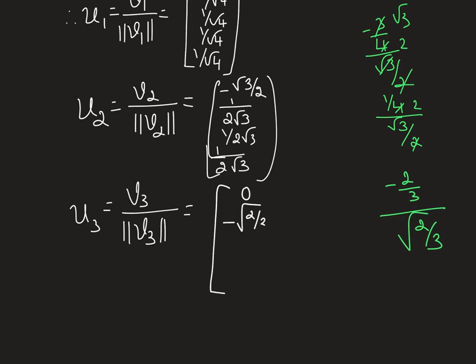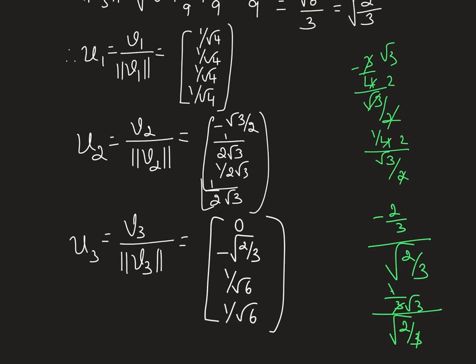For the third, we have 1 by 3 divided by root 2 by 3, which can be written as 1 by root 6, and likewise 1 by root 6.